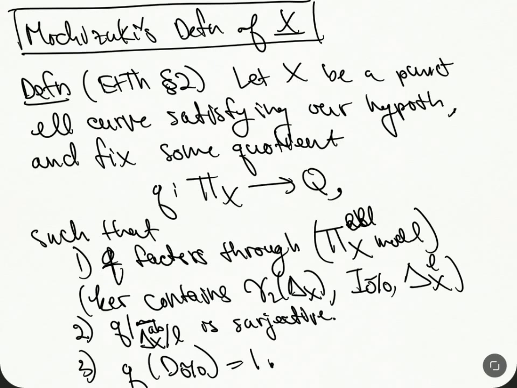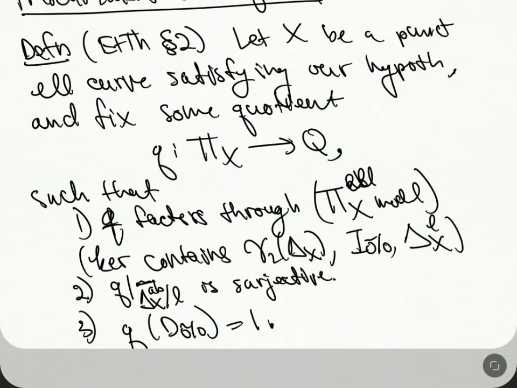Maybe this is just a matter of fact. I think maybe you can reconstruct this one from 2 and 3. Yeah, definitely, I think you can reconstruct one from 2 and 3. Okay, all right.